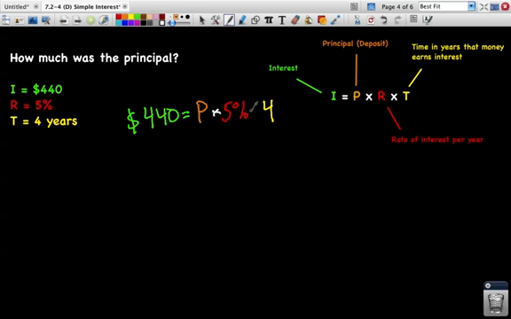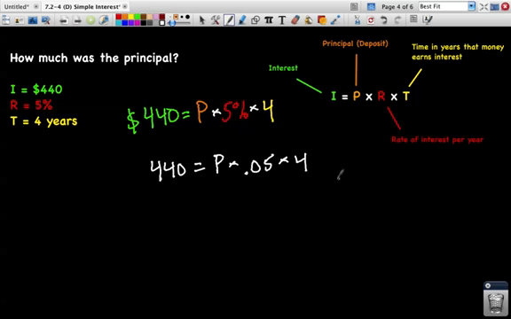So I need to multiply all these pieces together. But now I don't know what my P is. So I need to solve for P. So first thing I'm going to do is multiply 5% by 4. But in order to multiply 5%, I have to convert it into a decimal. So I have P times 0.05, or 5 hundredths, times 4.